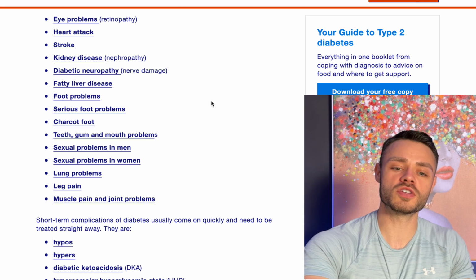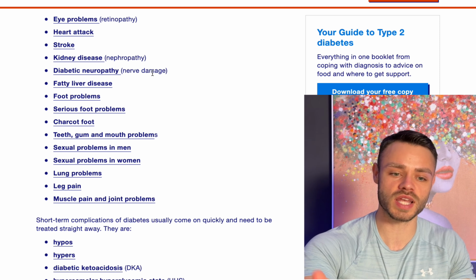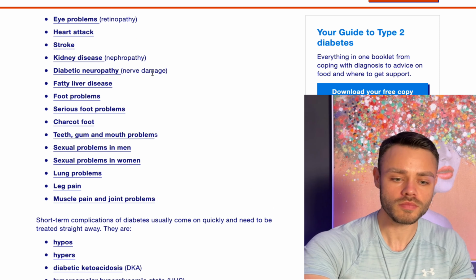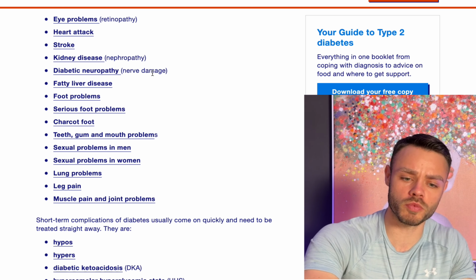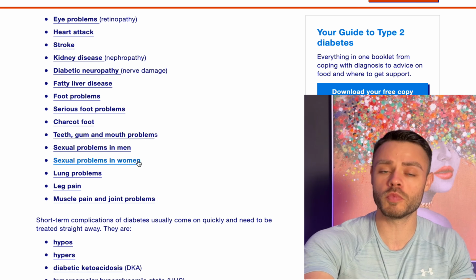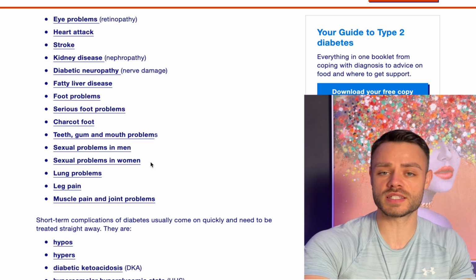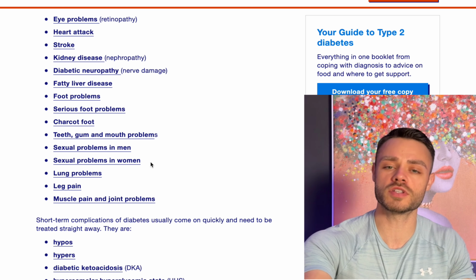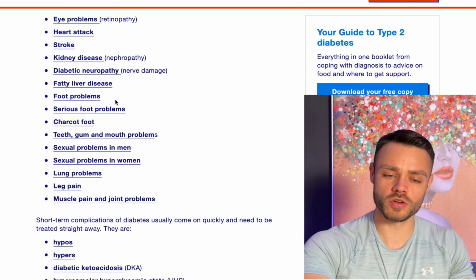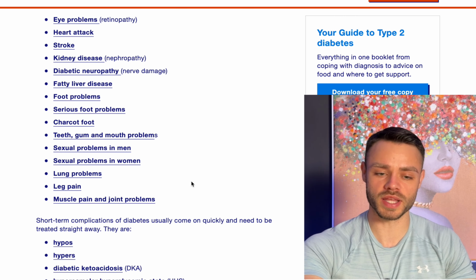And then because of the amount of sugar within the nerves, you can get nerve damage, which is diabetic neuropathy. There are many other problems, so sexual problems can come about, again due to cardiovascular disease and poor circulation. That's another issue, a lot of diabetics have poor circulation, hence you have to go and get your feet checked.